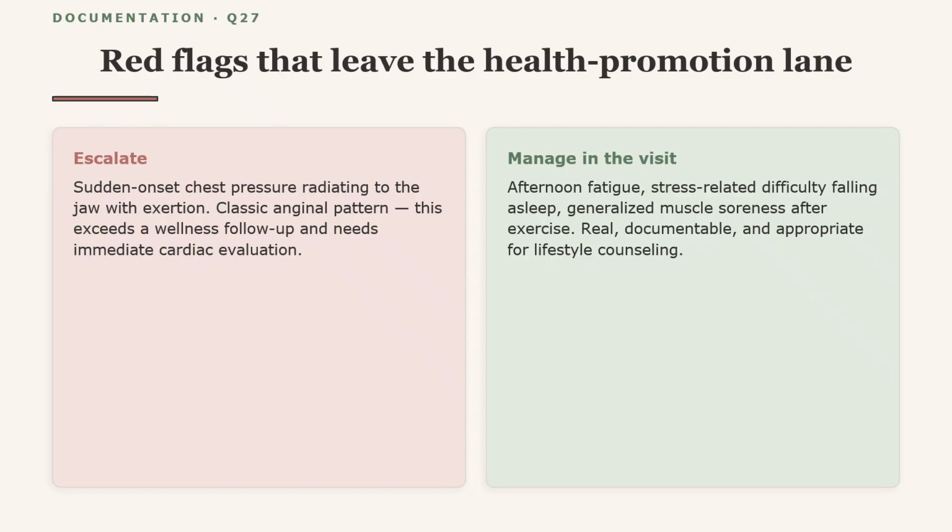So I always will go back to OLDCARTS. I use it myself when I have a patient that presents, because I work in urgent care. When I have a patient that presents that has absolutely no business being in urgent care because they're an emergency patient, I have to be cautious. I need to document objectively. I cannot let my opinion be present in my documentation.